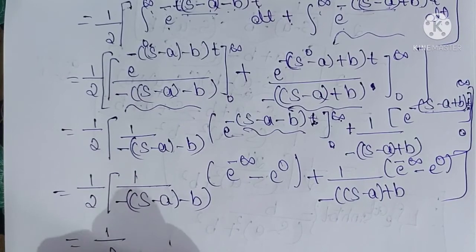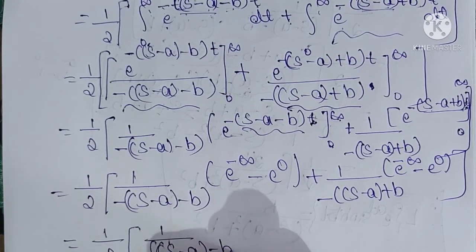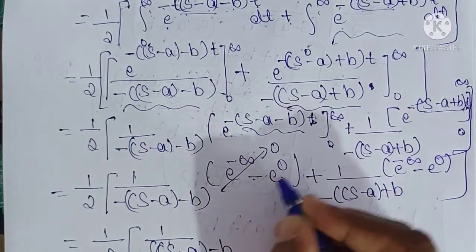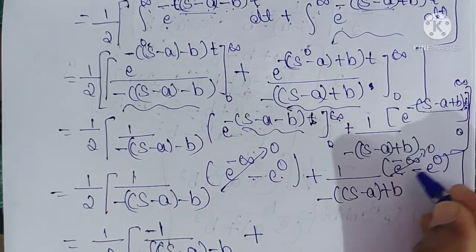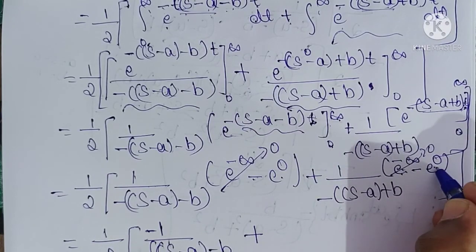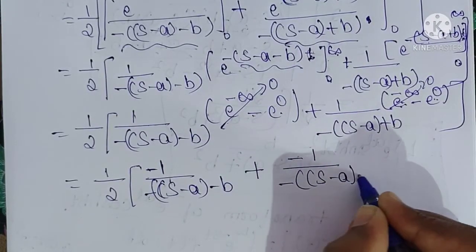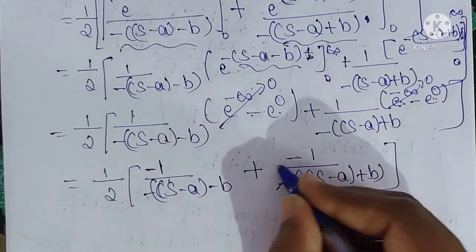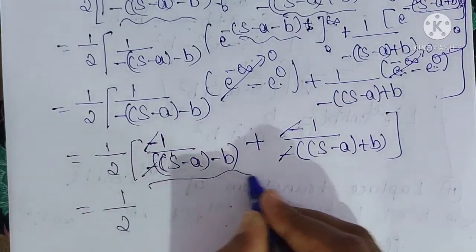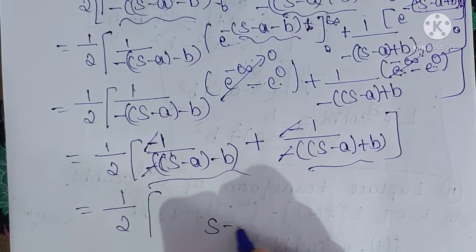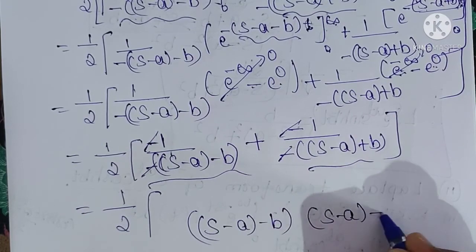This implies 1/2 times 1 divided by -(s-a-b), e^(-infinity) value is 0, 0 minus 1 is -1, plus e^(-infinity) value is 0, 0 minus e^0 value is 1, 0 minus 1 is -1, divided by -(s-a+b). The minus signs cancel. In the remaining terms, take the LCM: (s-a-b)(s-a+b).